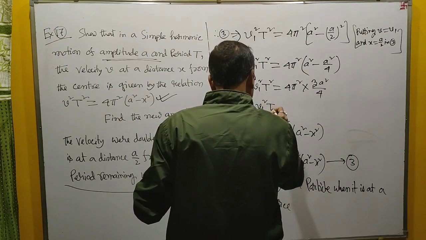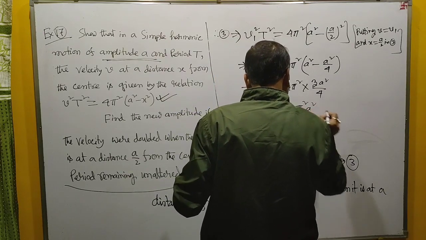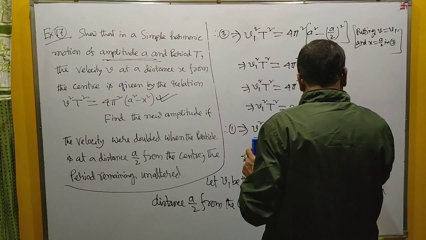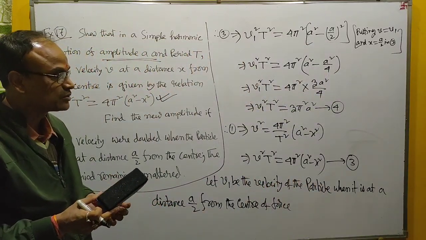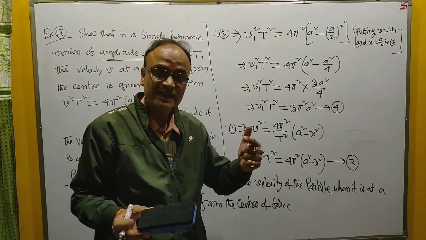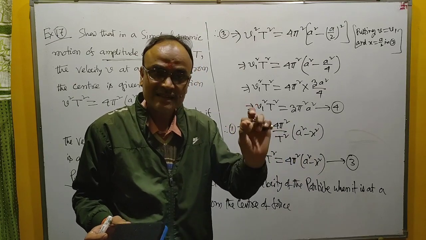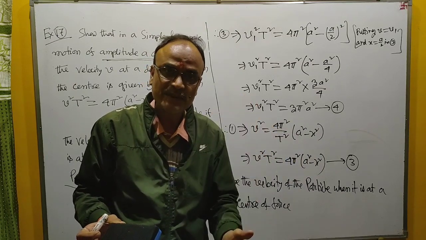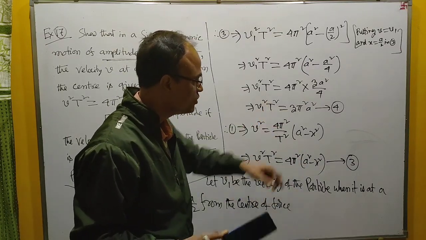This means v1 square T square equal to thrice pi square a square. Suppose this is number 4. When the particle is at a distance a by 2 from the center of force, and the velocity is v1, then this is the relation.